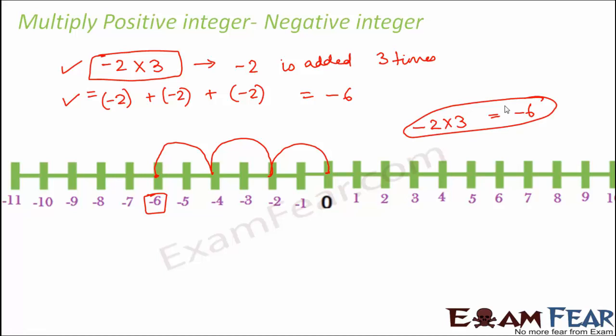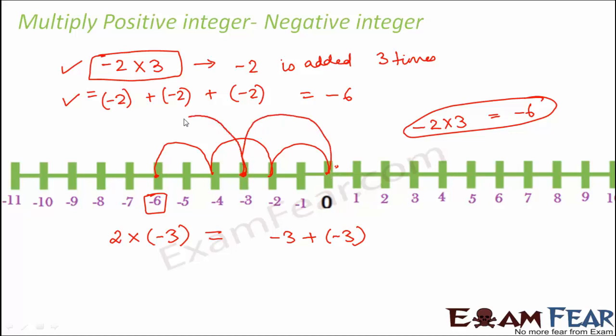Now another interesting fact about multiplication is that minus 2 into 3 is basically the same thing as 2 into minus 3. You want to see how? What do you mean by 2 into minus 3? This means minus 3 is added 2 times. So if you add minus 3 two times, the first time when you add minus 3, you reach here.